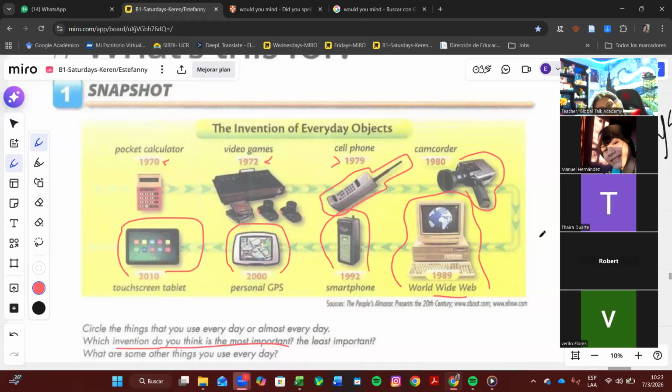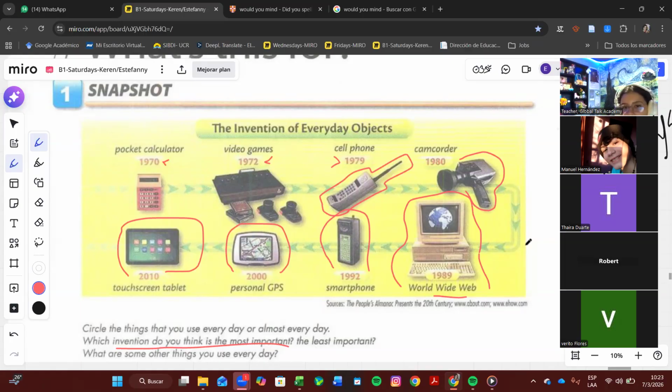So if you want to answer that question, you can do it. Or I can pick one. So let me pick one. Robert, what do you think? Which one is the most important invention? Are you there?